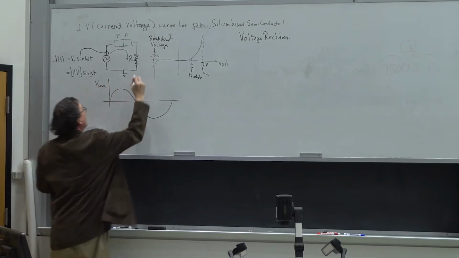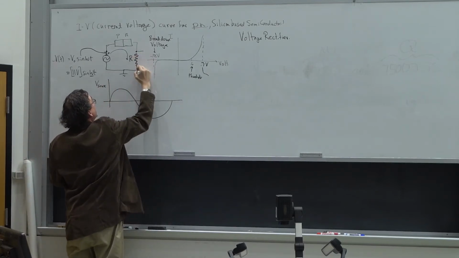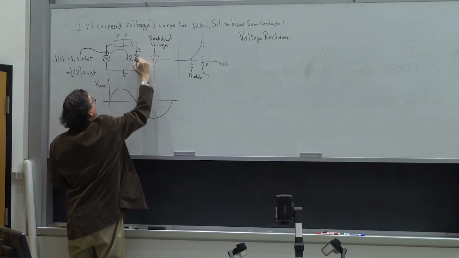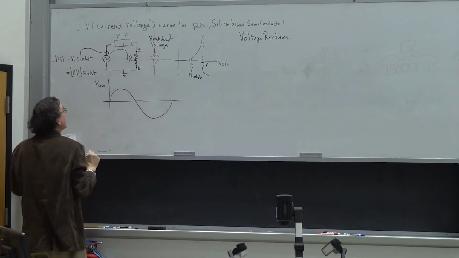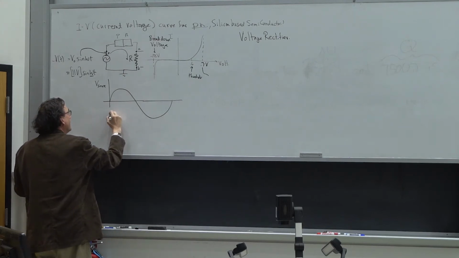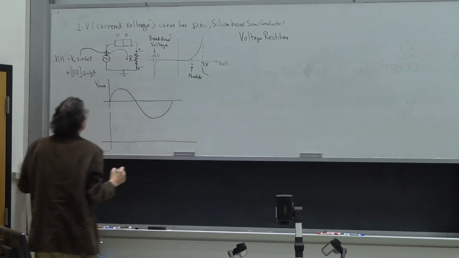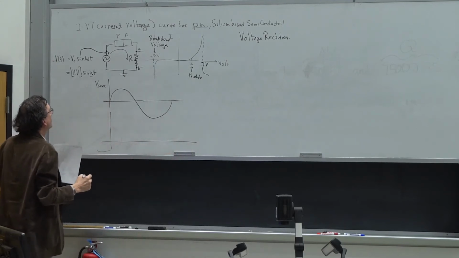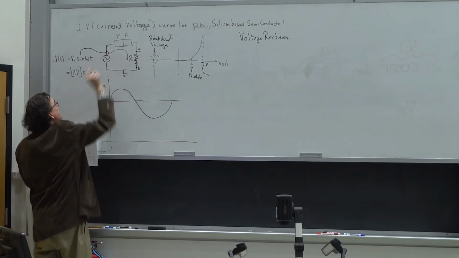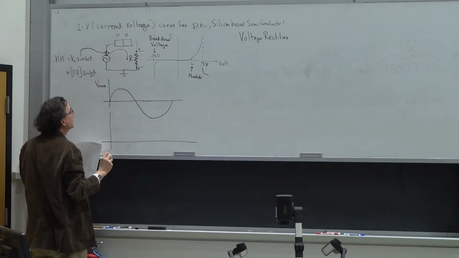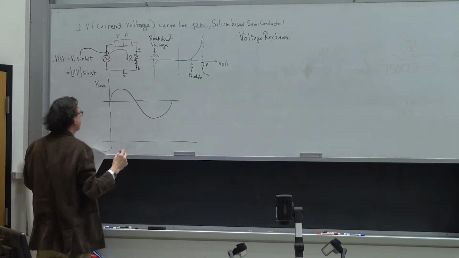And now I want to measure on the output side the voltage across the resistor, so VAB, right? So this will be my output voltage. Well, okay, so what am I going to see here? Until I get to 0.7 volts on the positive side, this thing is not going to conduct, or let's say 0.6.